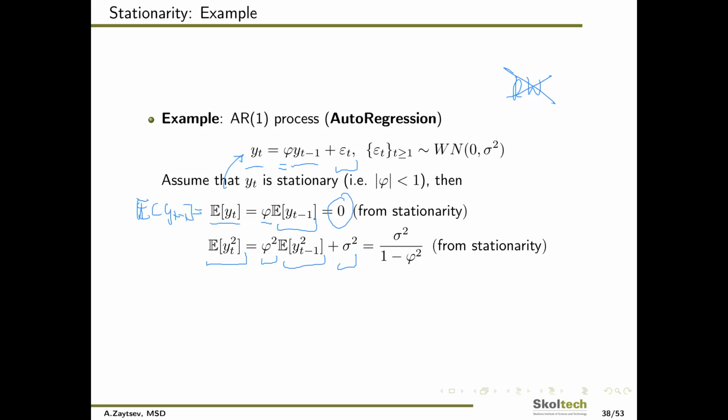This A should be equal for the next time step, because we should have equal variances. So we have A times (1 minus phi squared). Phi is smaller than 1, so it's a positive term, equal to sigma squared. So A equals sigma squared over (1 minus phi squared).